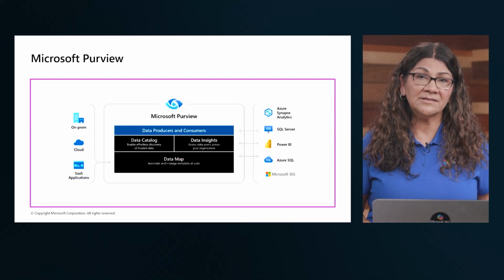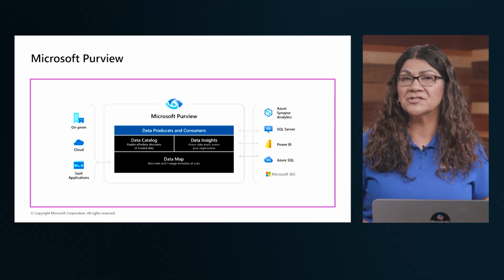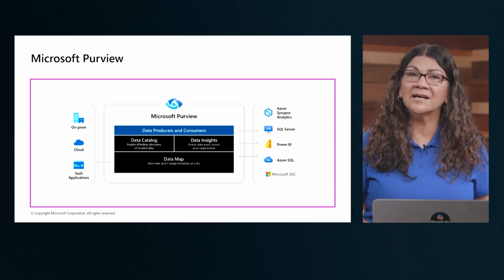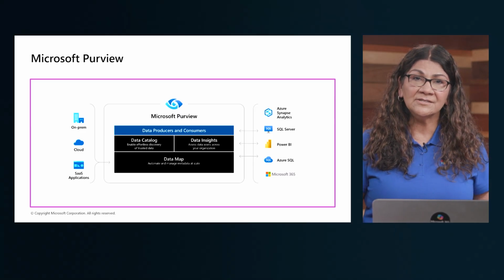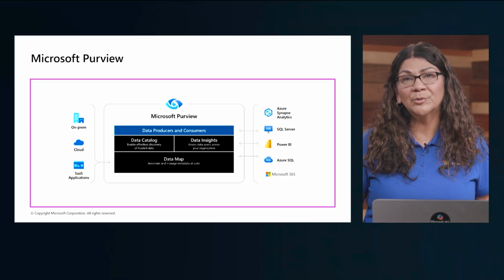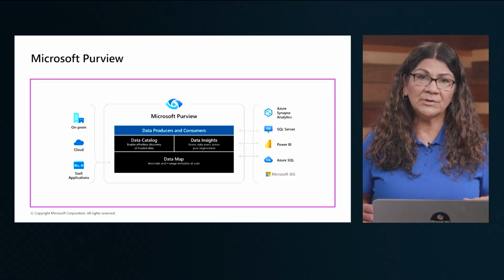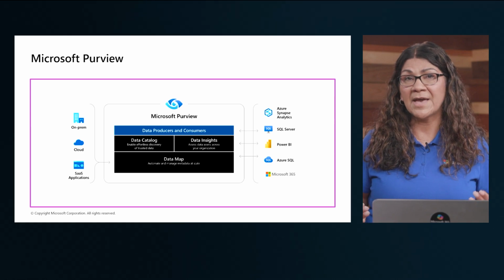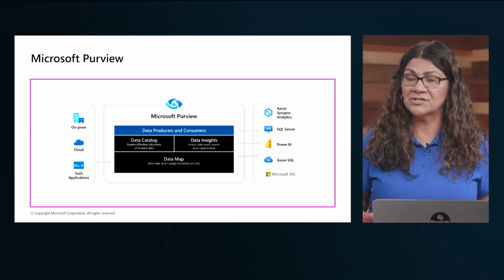Here we see how Microsoft Purview's Unified Data Governance Service enables organizations to manage and secure data across on-prem, cloud, and also SaaS environments. At the core of Purview are three key components: the data map, which automates metadata management and builds a graph of all your data assets and their relationships.